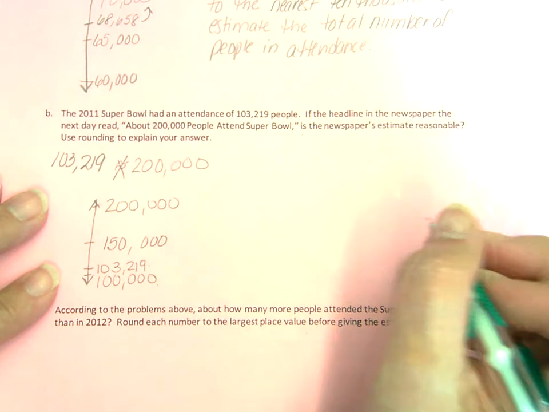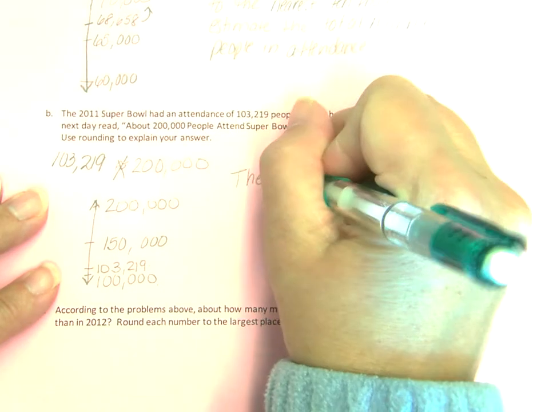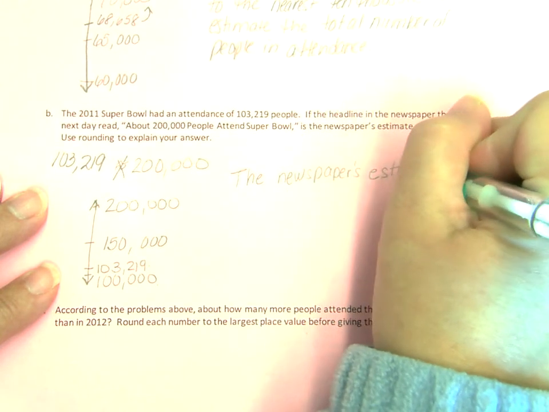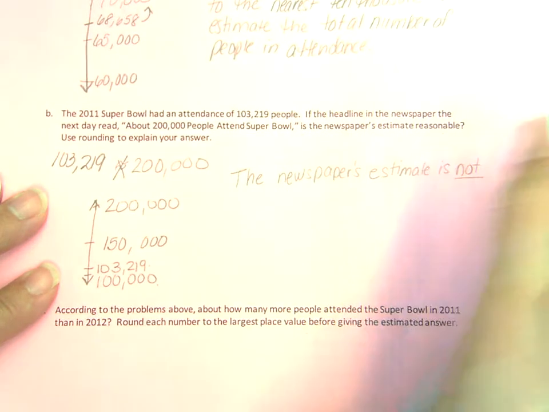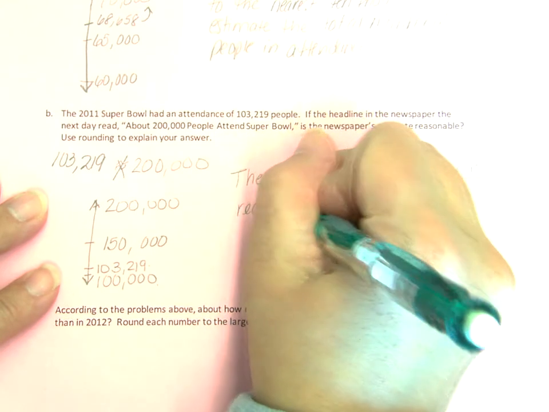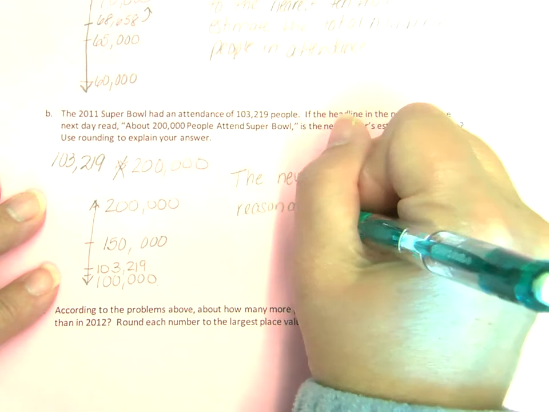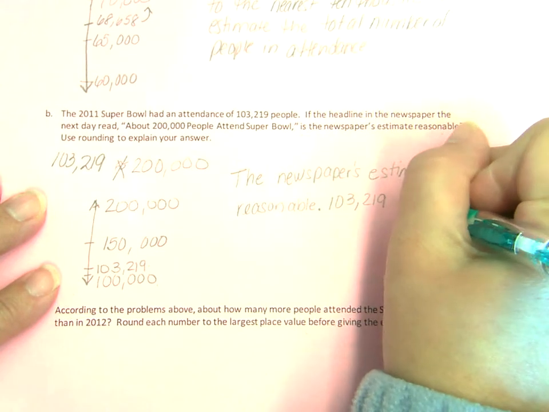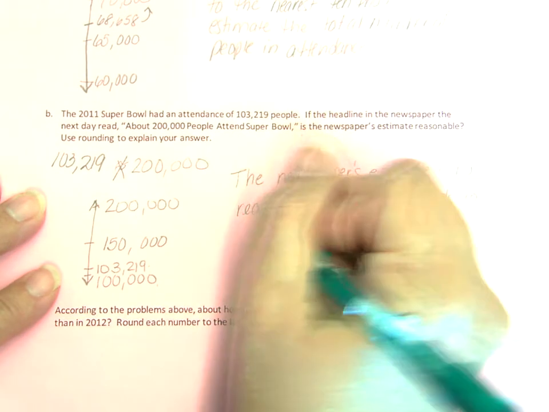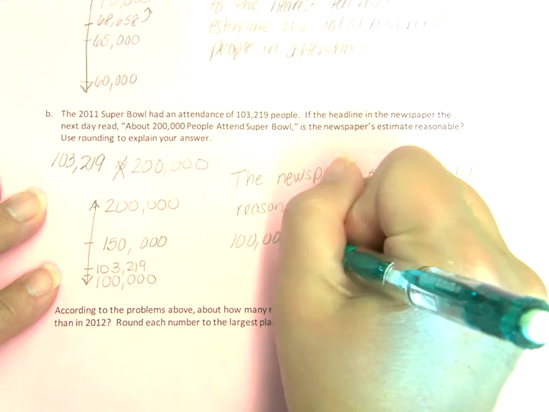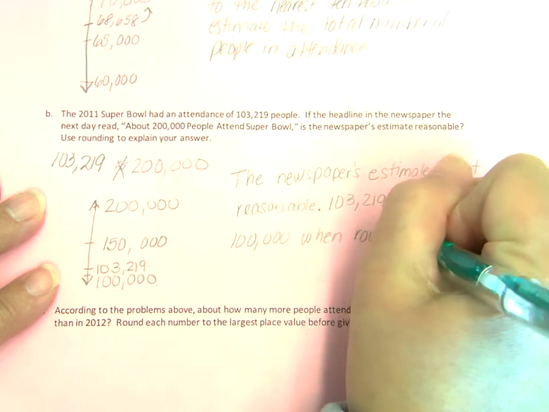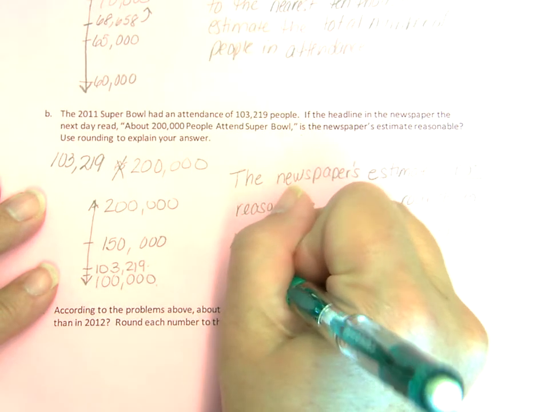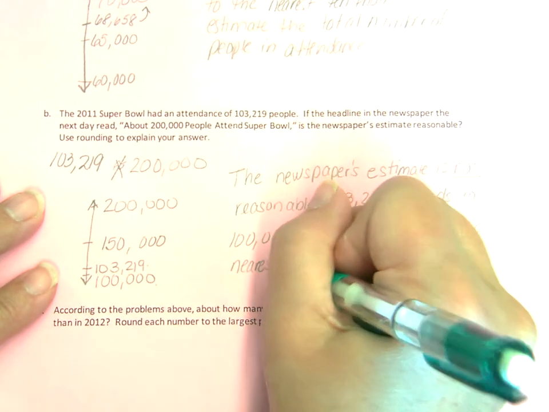You can answer no. The newspaper's estimate is not reasonable. 103,219 rounds to 100,000 when rounding to the nearest 100,000.